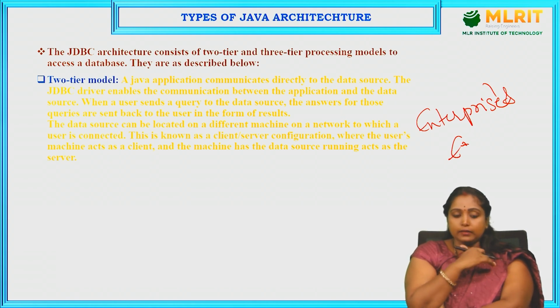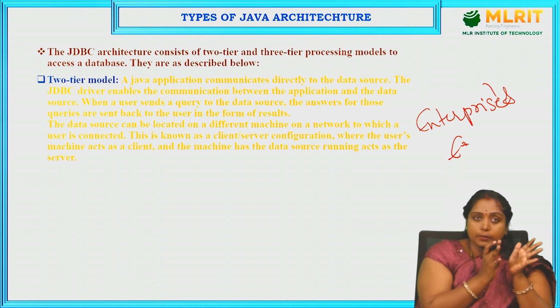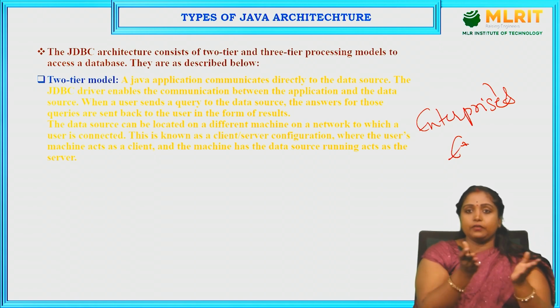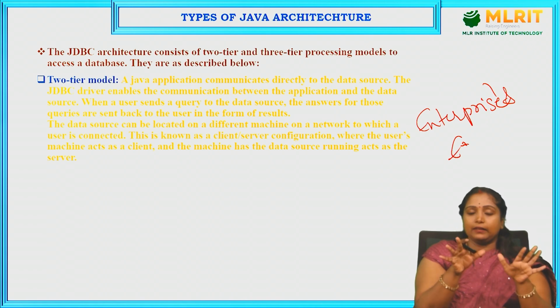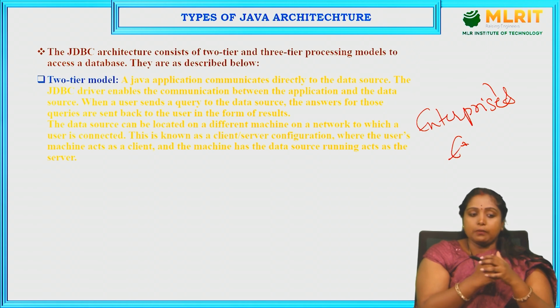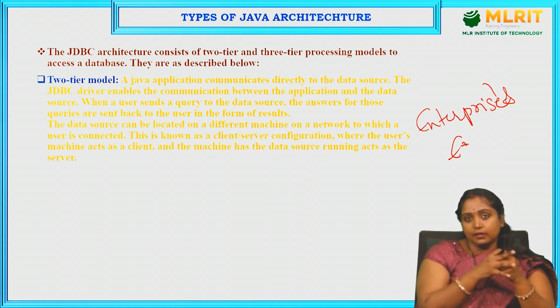If I just want to communicate, for example, if there is one database in a particular room, say a room consisting of 10 systems and one database connection, a number of systems are connected through a single network.